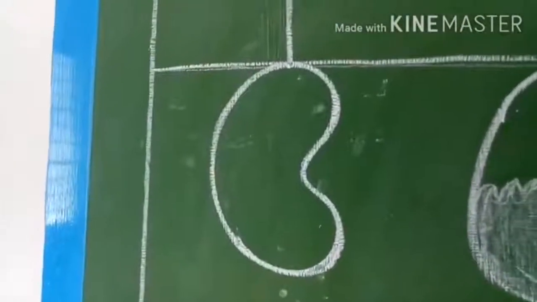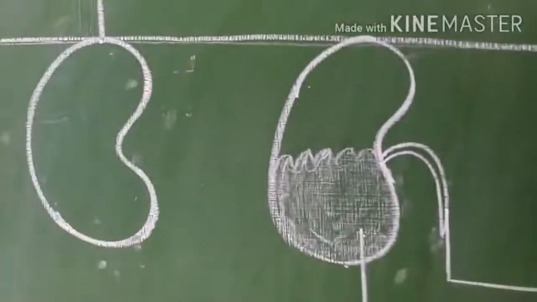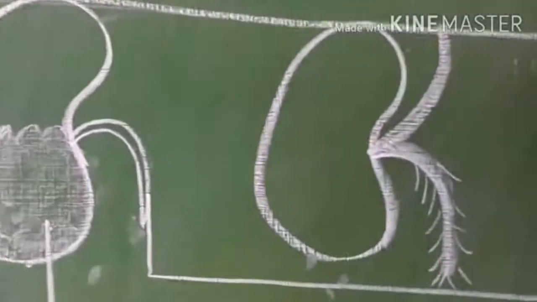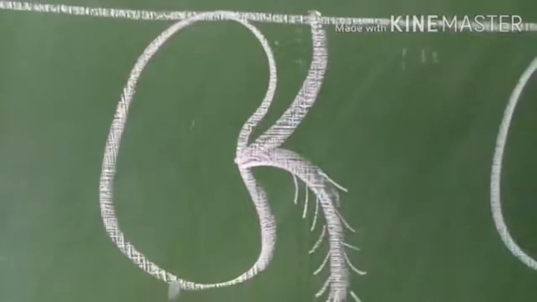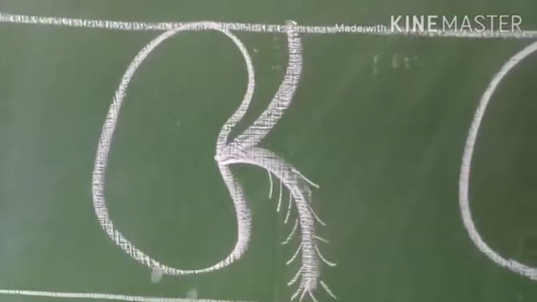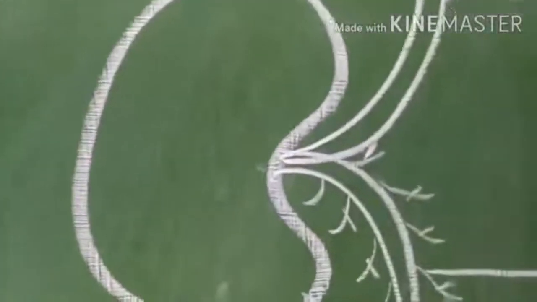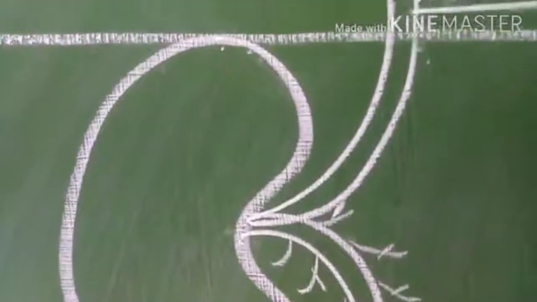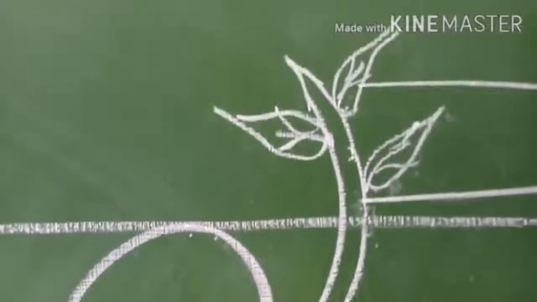First one is seed. Seed with seed coat and embryo. Third one is seed gets embryo and radicles. In the fourth picture, the radicles grow and the embryo becomes plumule.